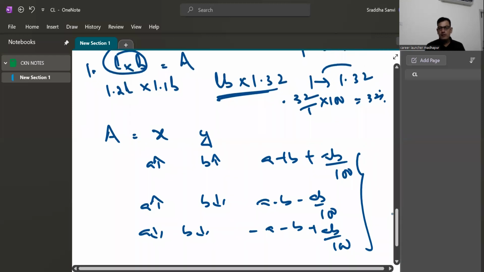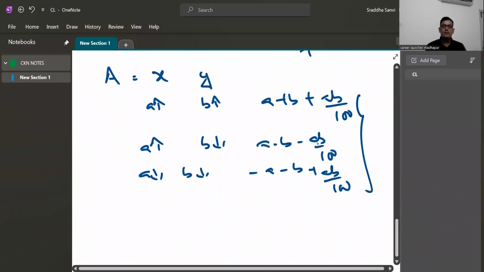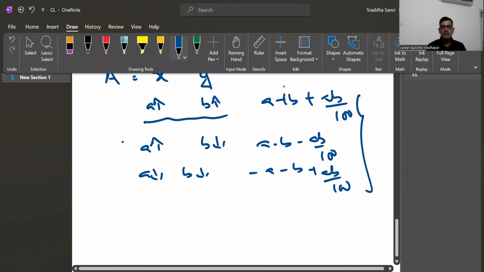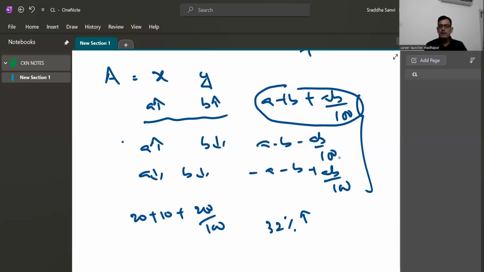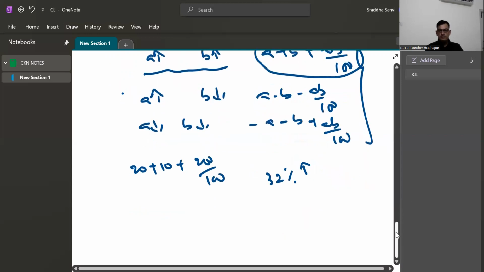Now in this question, there is a 20% increase and a 10% increase. I have to apply this strategy here. As per this strategy, it is 20 plus 10 plus 20 into 10, 200 by 100. My answer will be 32% growth. Is it okay?